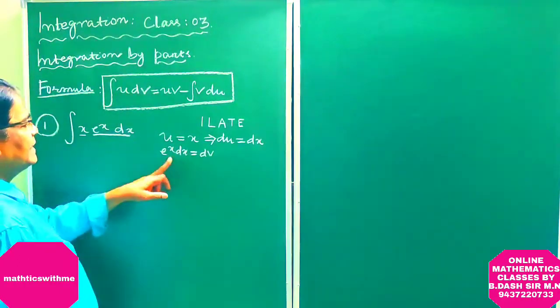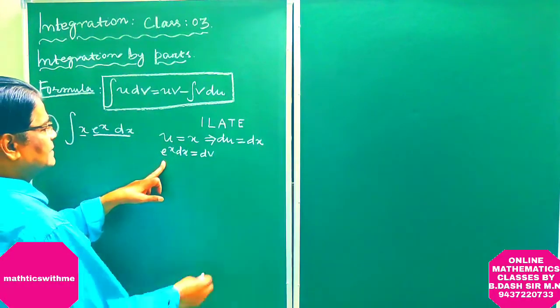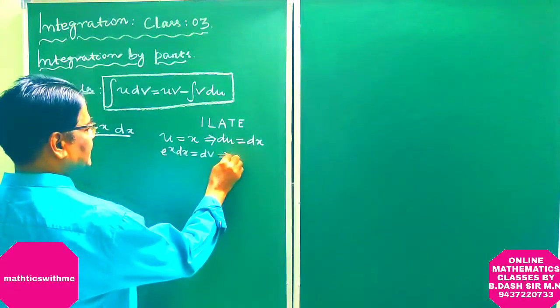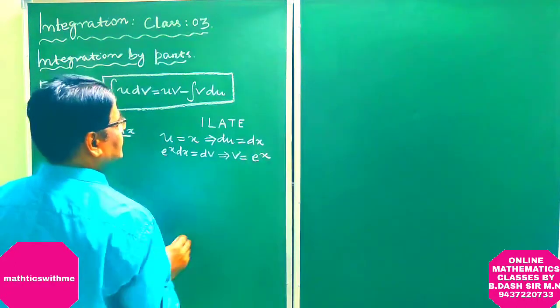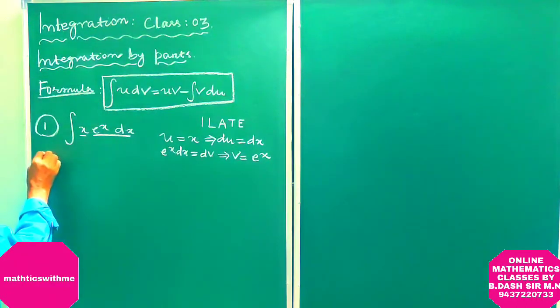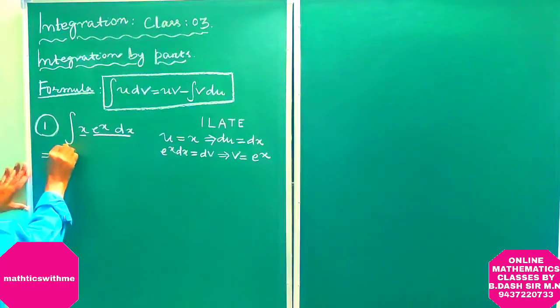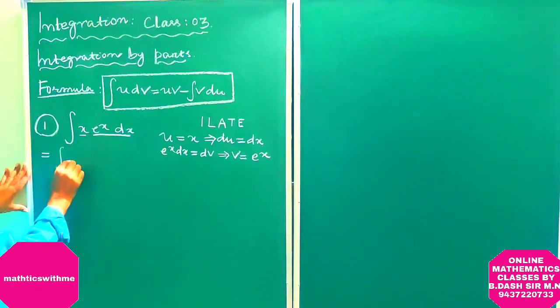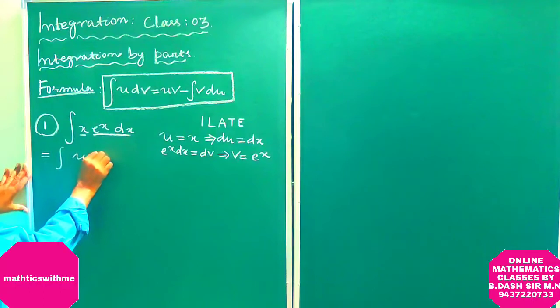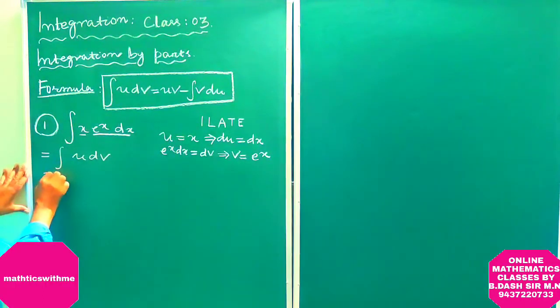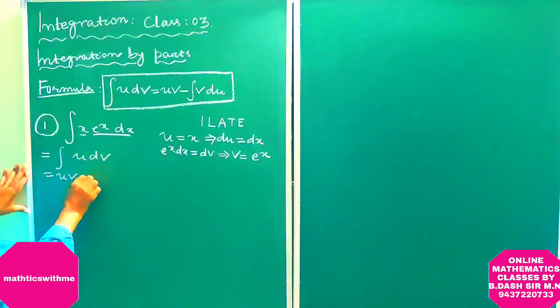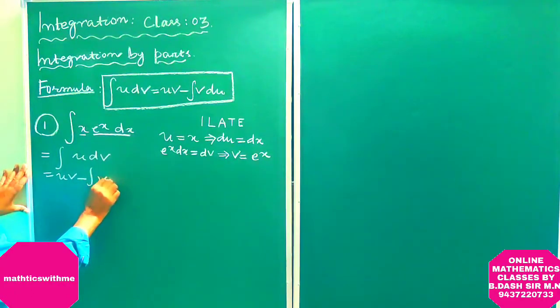So we are taking dv is equal to e to the power x dx. This implies v is equal to e to the power x. So the integral which is given to us is equal to integration of u dv. Now let us apply the formula, which is equal to uv minus integration of v du.